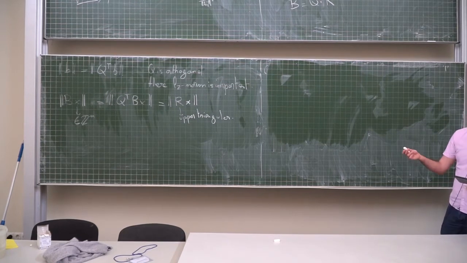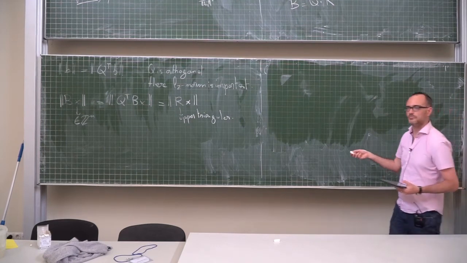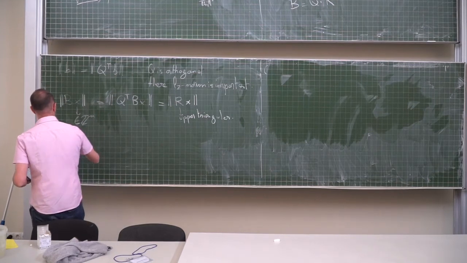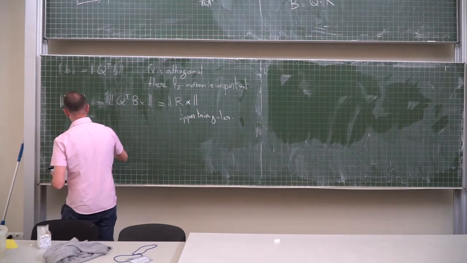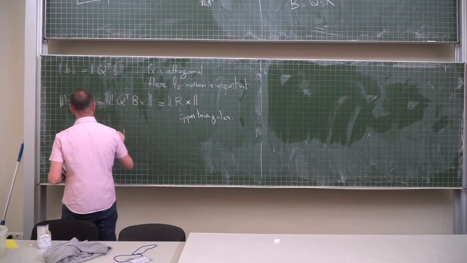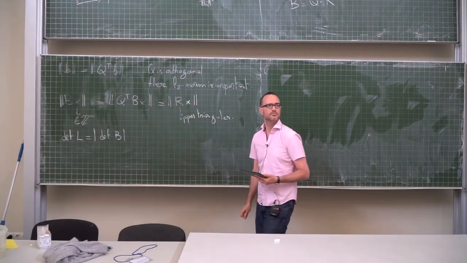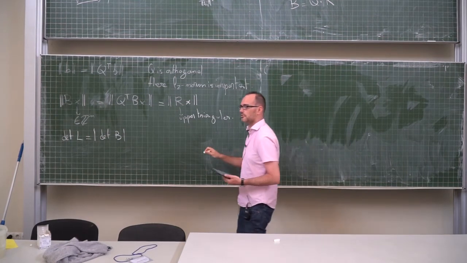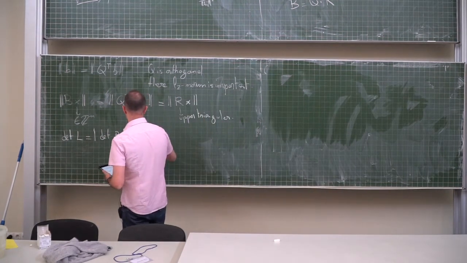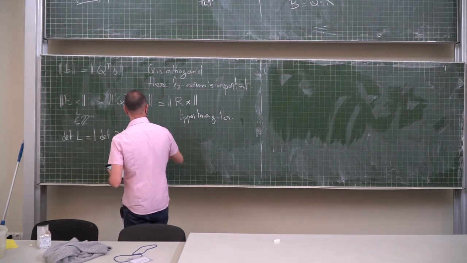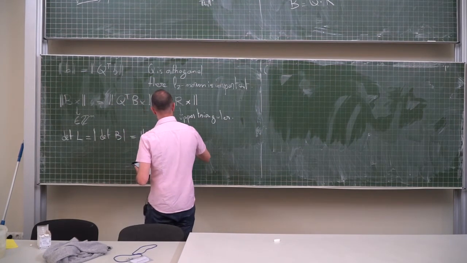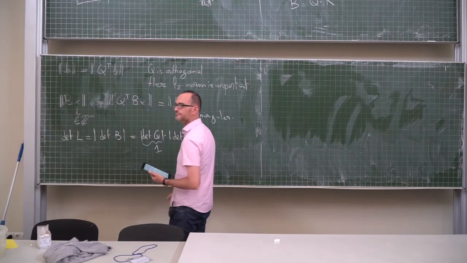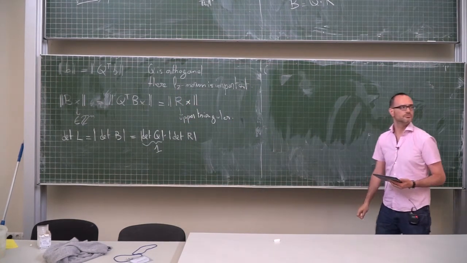Okay, so another remark related to lattices. The determinant of L is the absolute value of the determinant of B, by definition. And the determinant of B is the determinant of Q times the determinant of R. This one is 1, because Q is orthogonal.